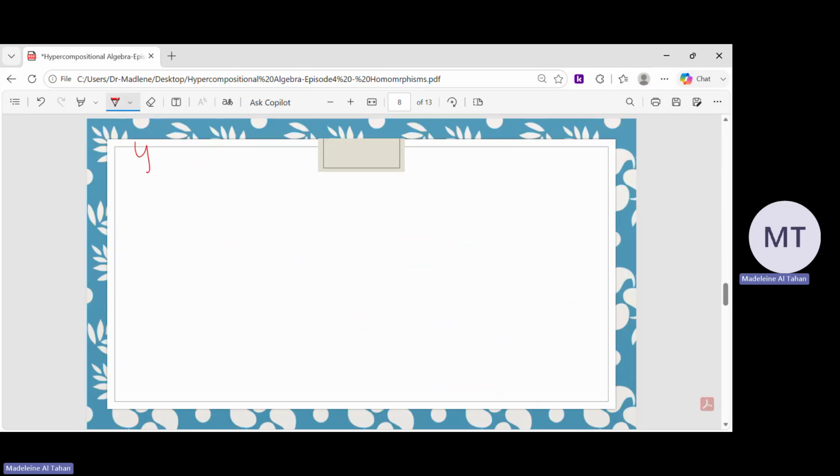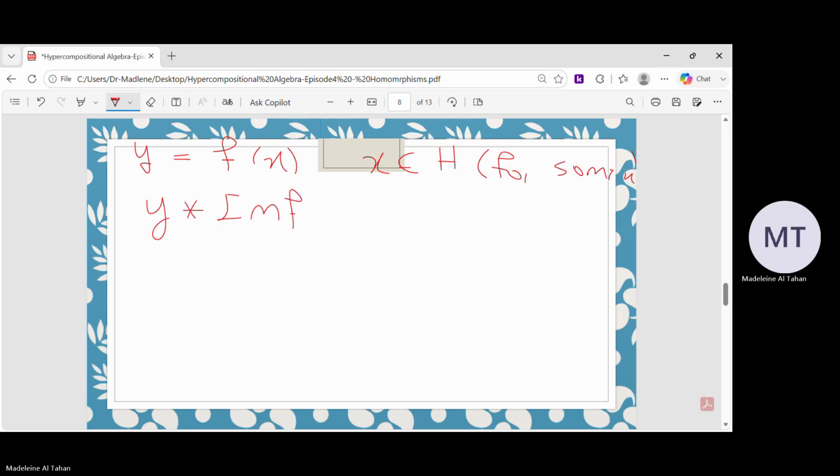Now, if y belongs to image of f, it means that there exists x belonging to H such that y is equal to f of x. So instead of saying y star image of f, we'll say that it's f of x star image of f, which is the union of f of a, a belonging to H.